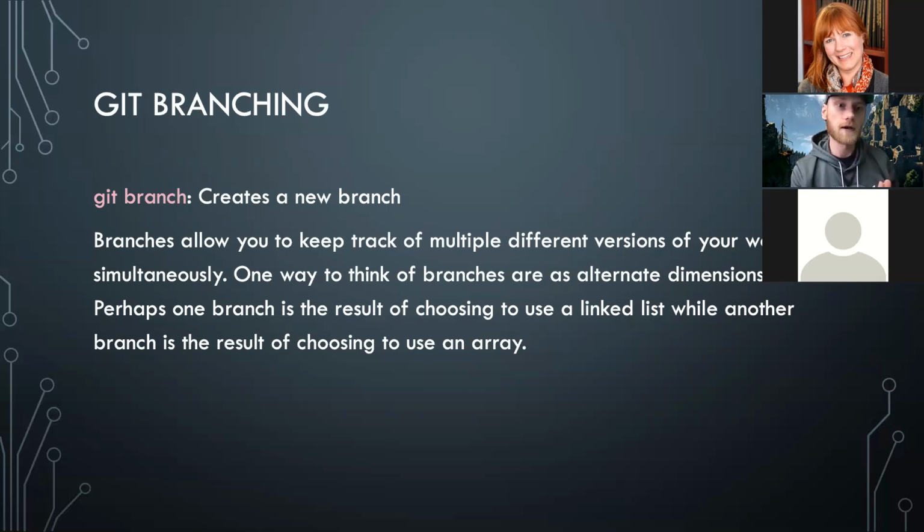Then you can make changes on that branch without affecting anything in the master. Once you are ready to combine them again, you can do what we'll see as a merge, and sometimes that will cause issues if there are conflicts.